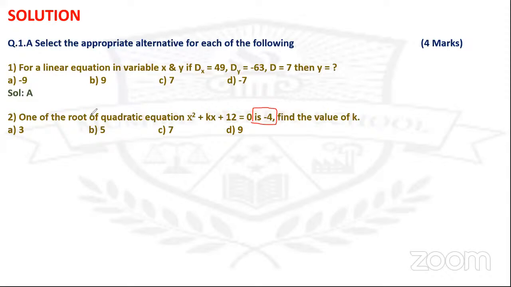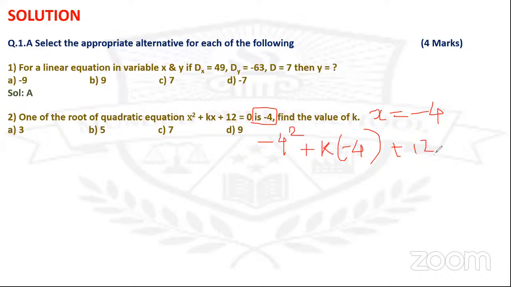One of the roots of the quadratic equation, so that means the value of x is given to you as minus 4. So you have to just substitute: minus 4 squared plus k into minus 4 plus 12 equals 0.